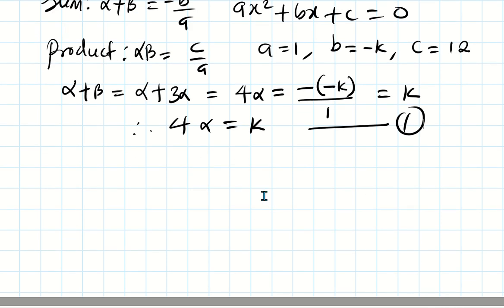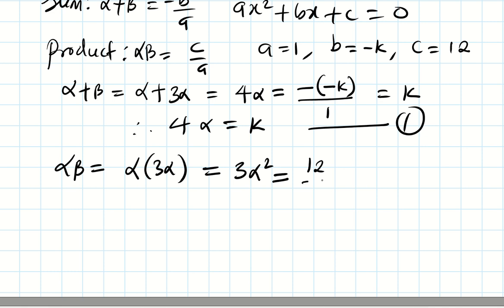Now to find the product of the roots, alpha beta, which is the same thing as alpha times 3 alpha, equal to 3 alpha squared, which is the same thing as c over a. Our c is 12, a is 1, which equals 12. So this implies that 3 alpha squared is equal to 12.